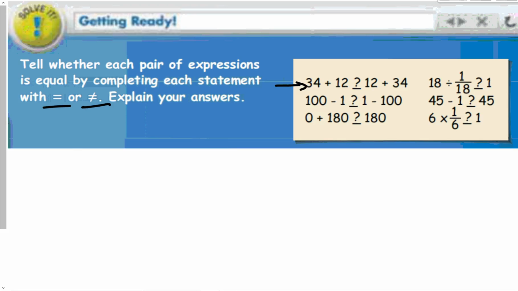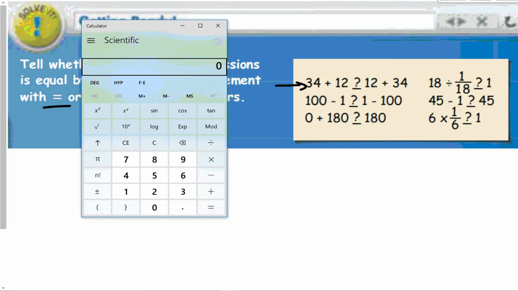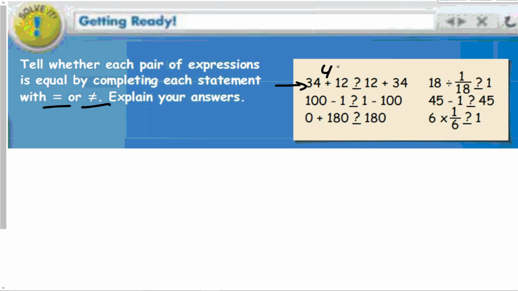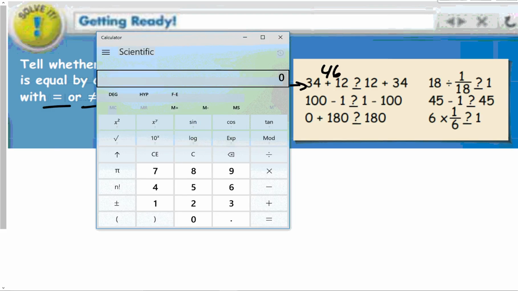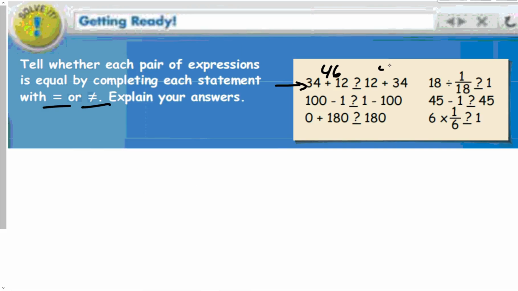Well, we'll talk about the name of this property in a little bit, but hopefully you'll see that 34 plus 12 is 46, and if we do that again, 12 plus 34 is also going to be 46. Okay, so that works out pretty well.